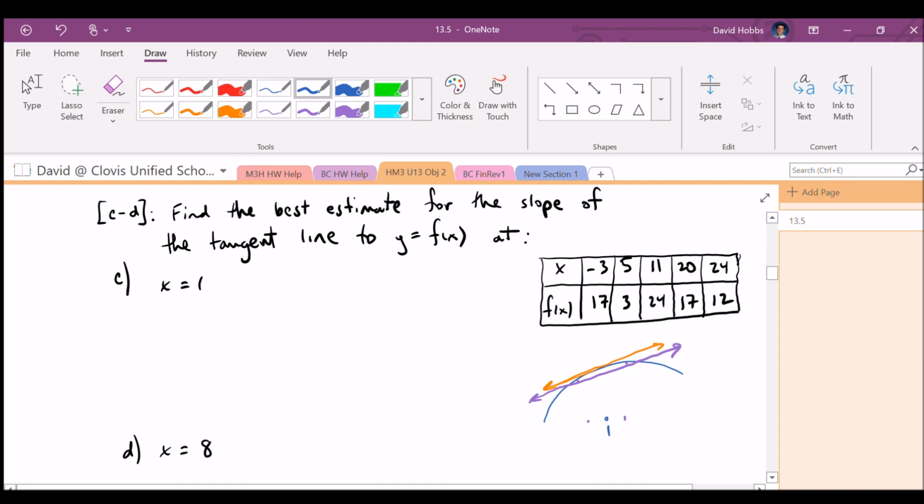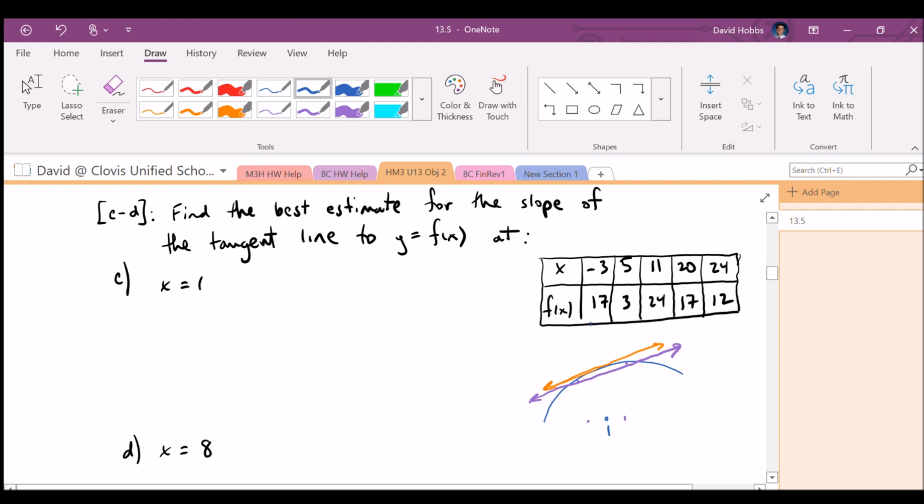Okay, so if we want the best estimate for the slope of the tangent line to y equals f of x at x equals 1, well, where is x equals 1? x equals 1 is obviously in between -3 and 5, and in fact, 1 is right there in the middle between -3 and 5. The average of -3 plus 5 is 1.